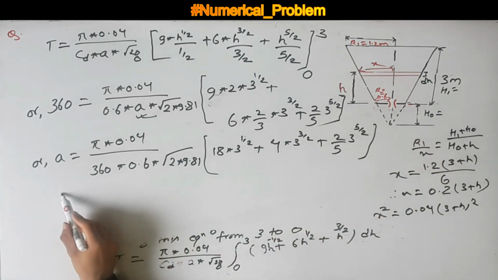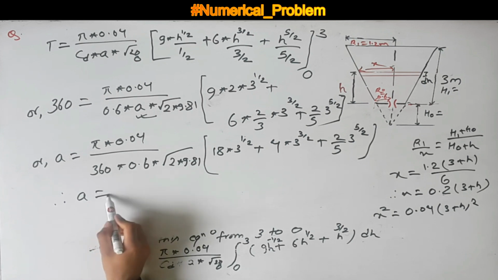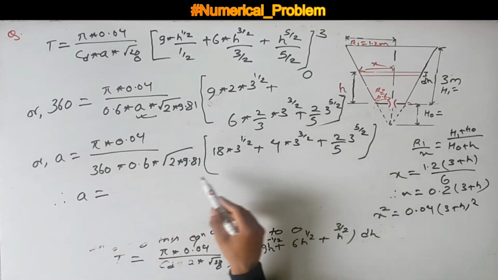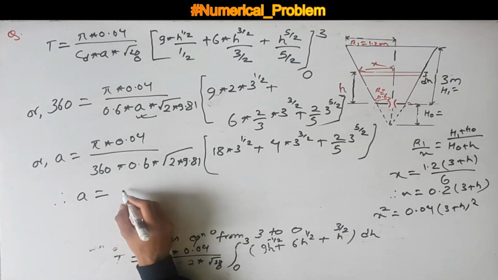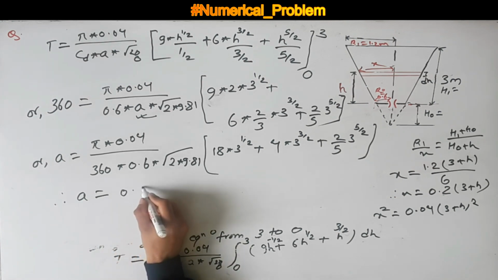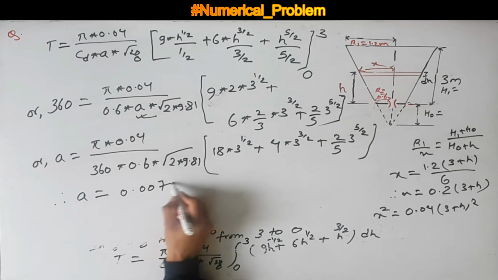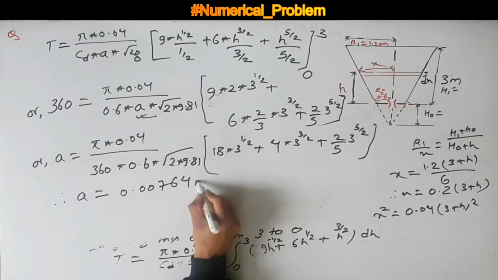From here we get the value of a. Let's calculate this. What is the value of A? Here I got the value of A as 0.00764 meter square.